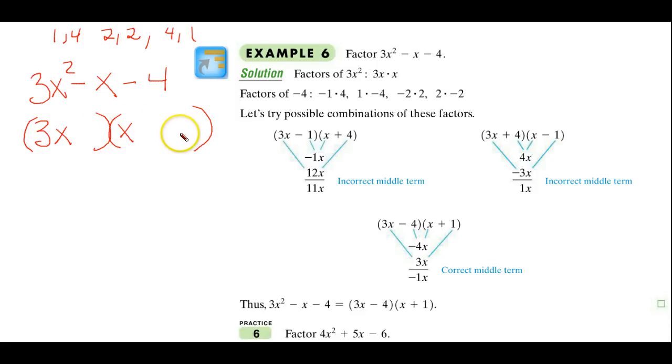So if we put a 4 there and a 1 there, that's not ever going to be a negative 1. If we put a 2 there and a 2 there, nope, that's not going to work either. But how about if we put a 4 there and a 1 there? Because if we do our outers now, that's going to be a 3x, and our inners are a 4x, and the difference between them is 1.